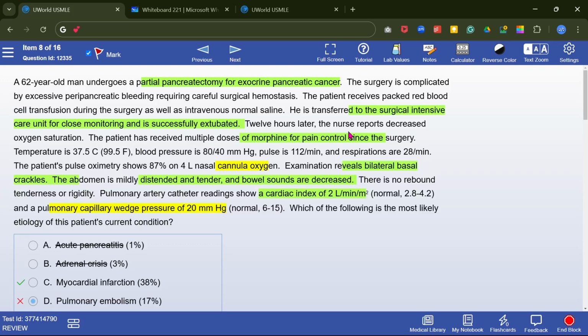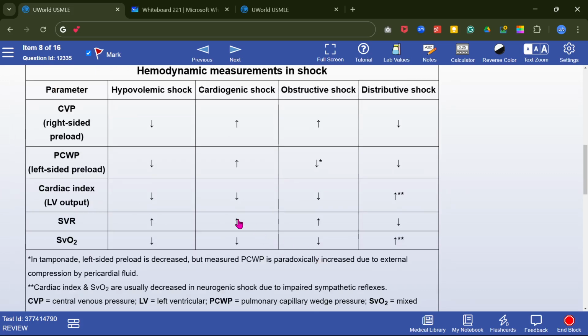What happens in cardiogenic shock? Right-sided preload, central venous pressure, is increased, pulmonary capillary wedge pressure is increased, cardiac index is decreased, and systemic vascular resistance is increased. So everything is increased except cardiac index.